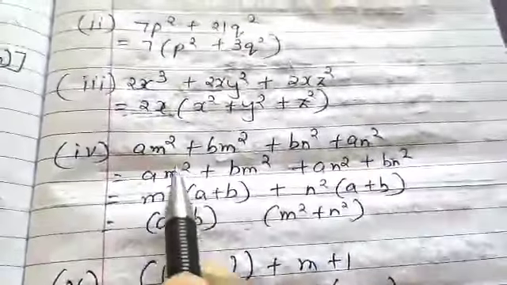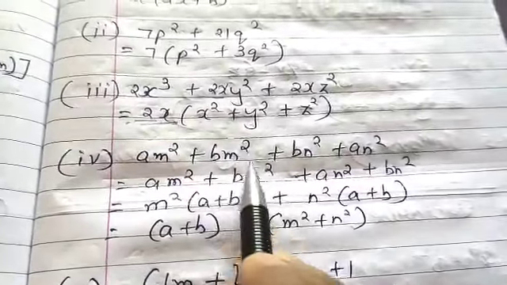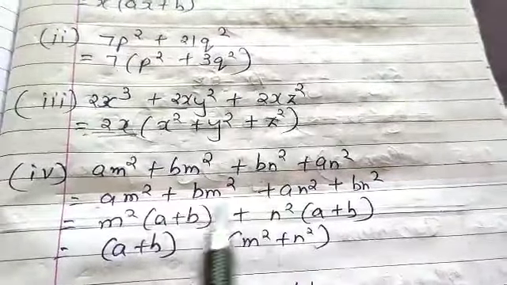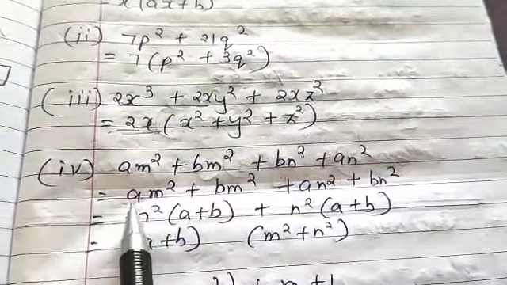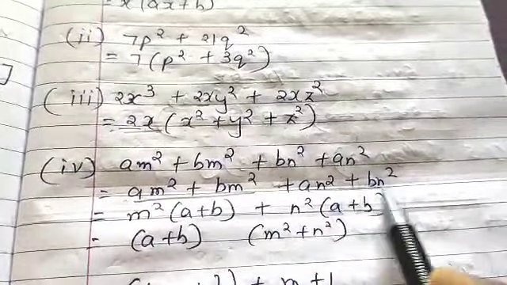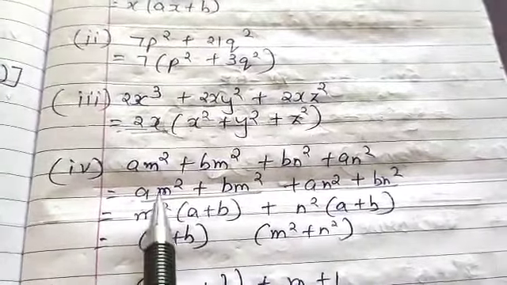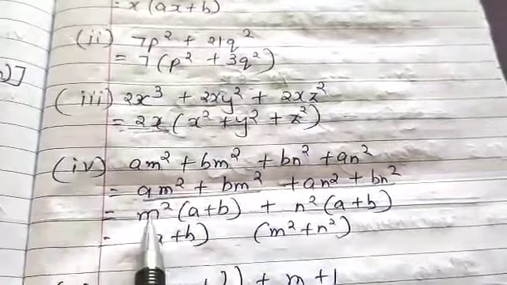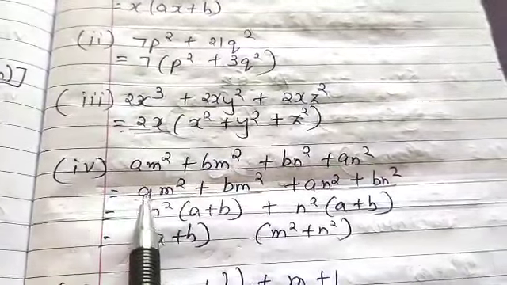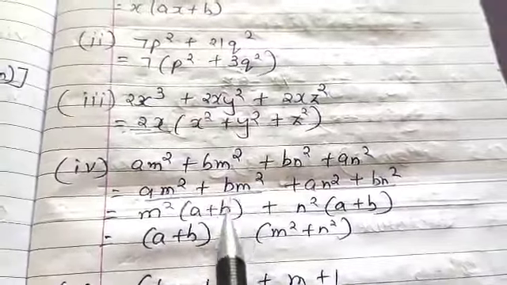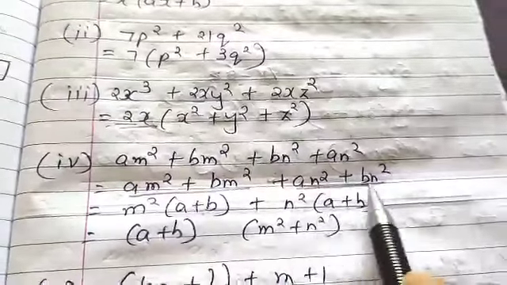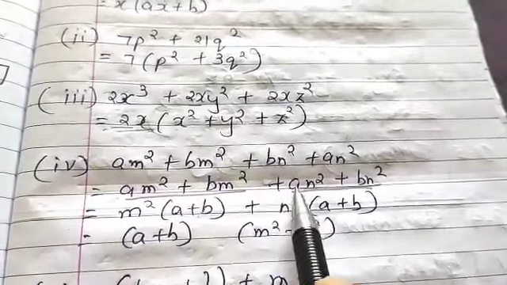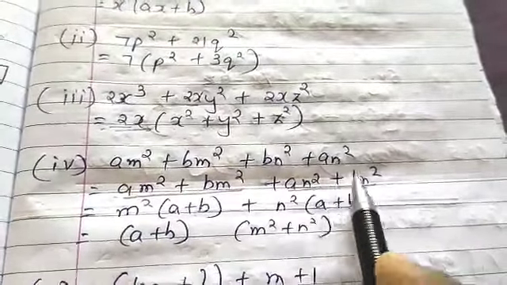Now the next one is am square plus bm square plus bn square plus an square. Here I will separate it in pairs. From the first pair, m square is common, so take out m square as a common, and inside the bracket what will remain? a plus b. Then in the second group, n square is common, so take out n square as a common, and inside the bracket what will remain? a plus b.